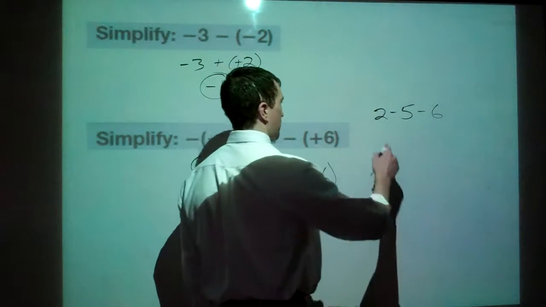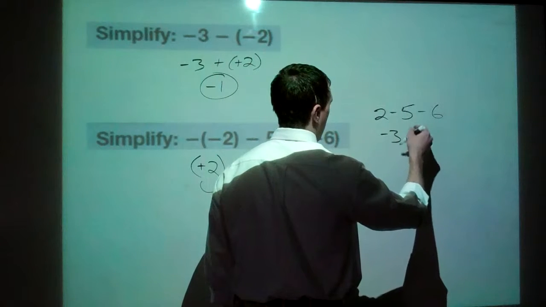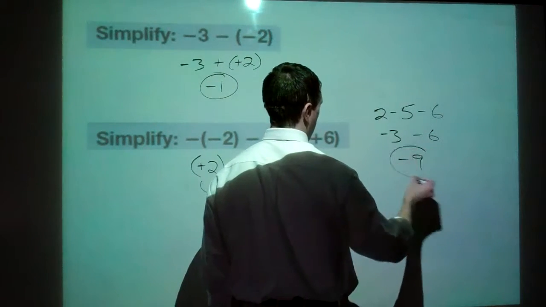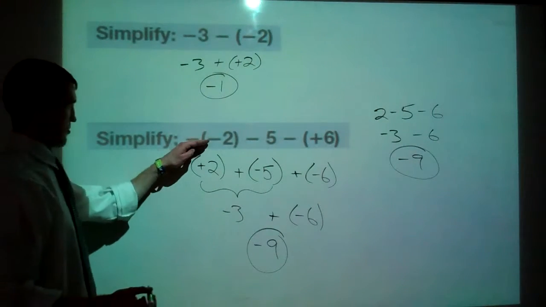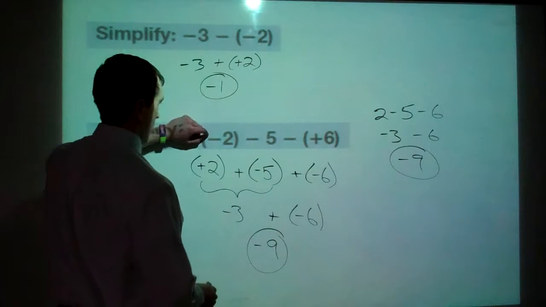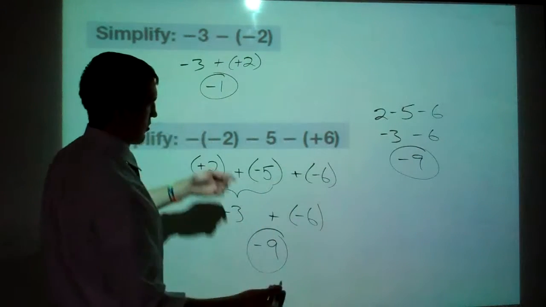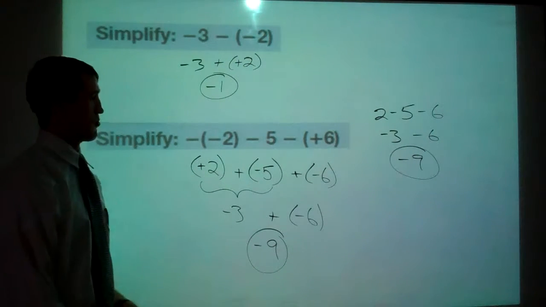So we'll get this one. 2 minus 5 is negative 3. And then minus 6 is negative 9. Okay, either way we get the same answer. So this turned positive. We could have thought of it as minus 5 right away, and then minus 6. Okay, if you minus a positive, it's the same thing as just subtracting normally.